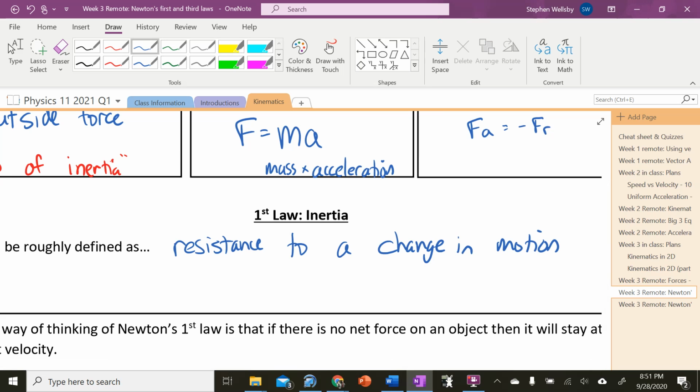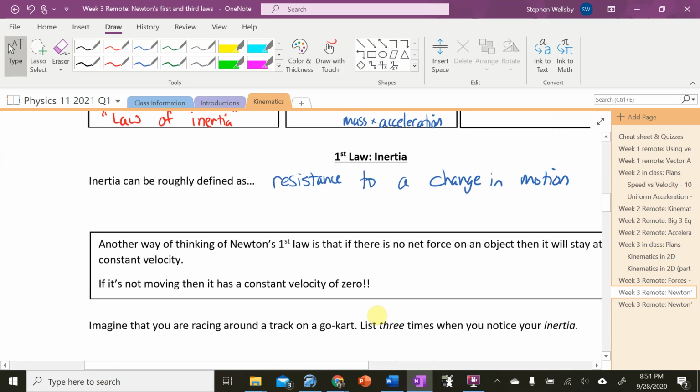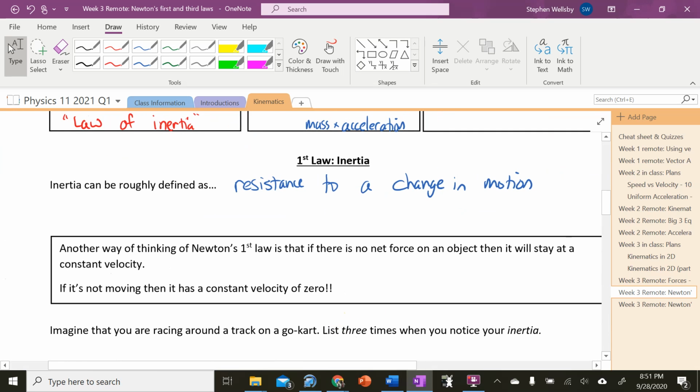If that motion is going to change, it's going to require someone or something to apply an outside force to change that. Another way of saying that, which is more helpful when we're trying to solve calculations or problems, is as follows.